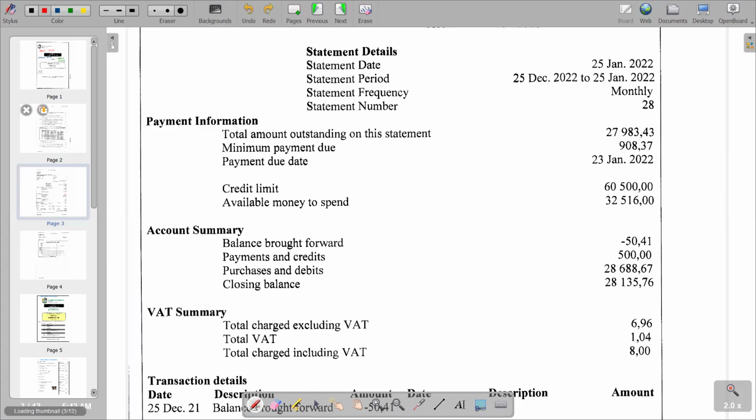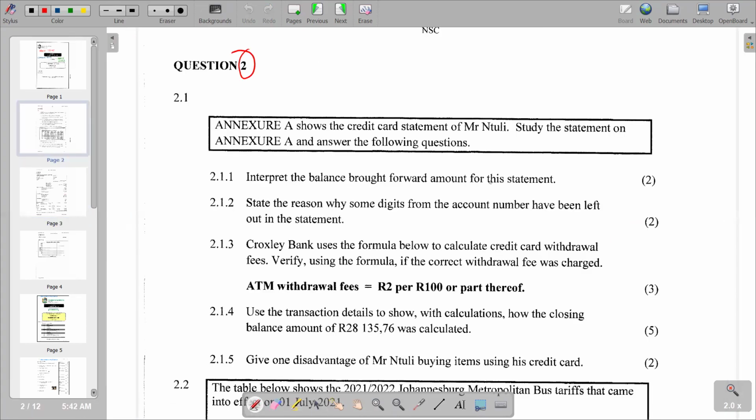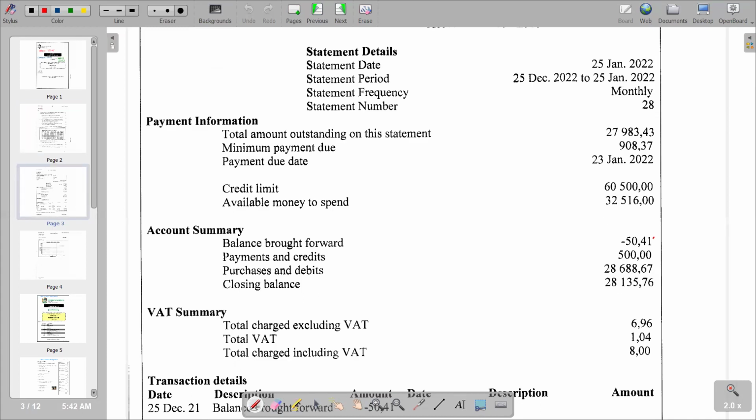Then if you refer back to our question, it says interpret the balance brought forward amount for this statement. So obviously, the meaning of that balance being negative is that Mr. Mtuli overpaid by 50 rand 41 cents. Or alternatively, we can interpret it as the bank owes Mr. Mtuli 50 rand 41 cents.